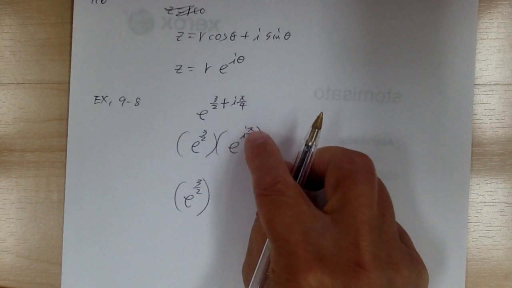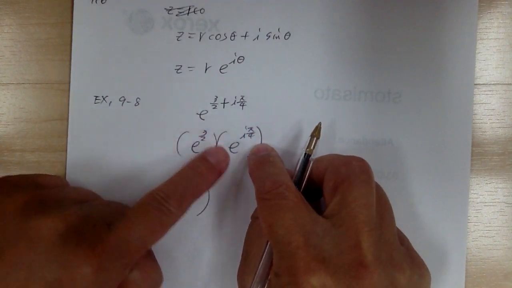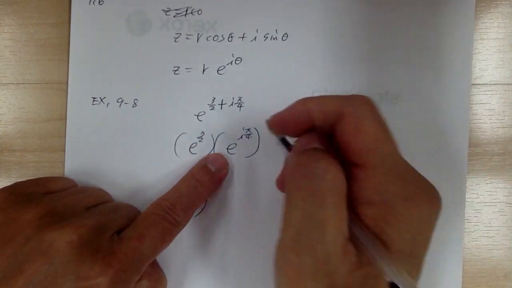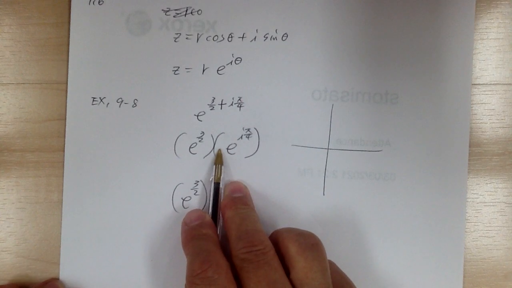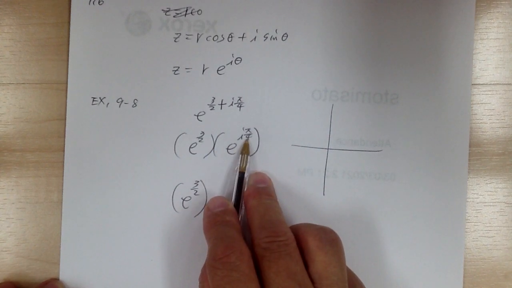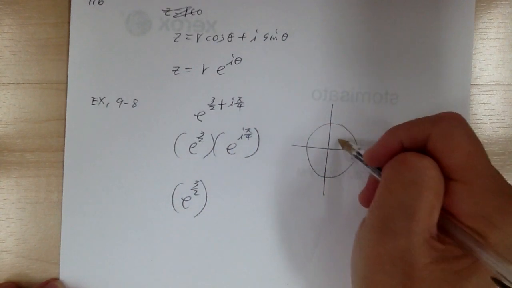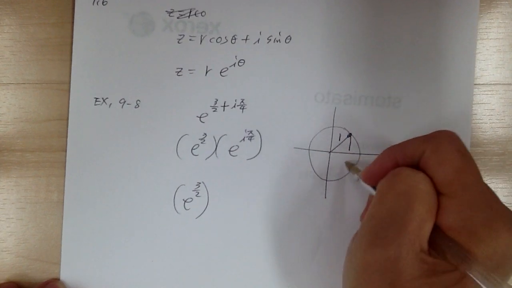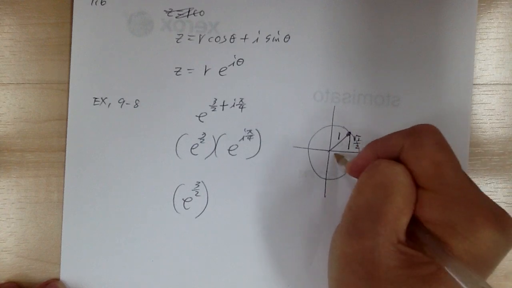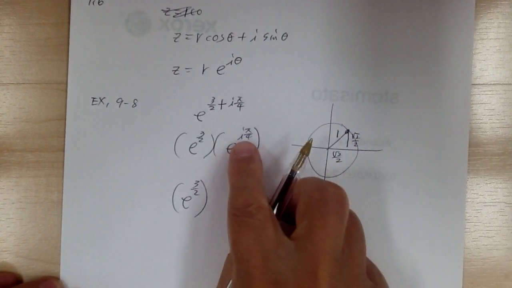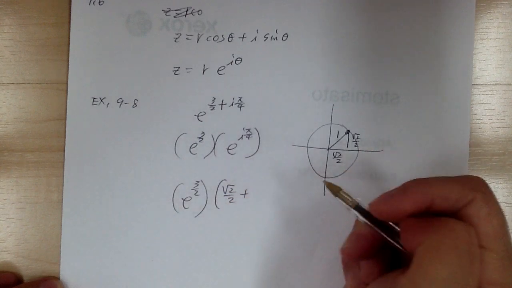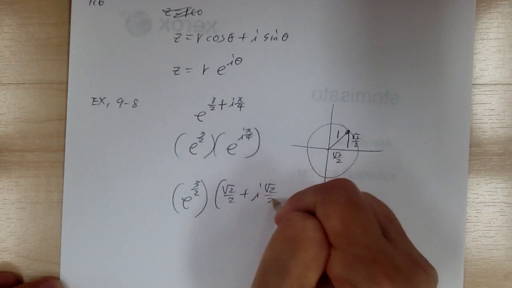Now to simplify this one, I can just draw it out. Remember, the radius is 1 and the angle is pi over 4. So basically you have it right over here. This is 1 and this is pi over 4, so this would be square root of 2/2, square root of 2/2. So this is equal to square root of 2/2 plus i square root of 2/2.